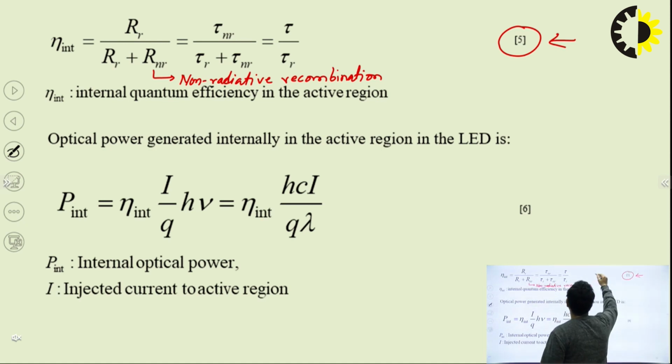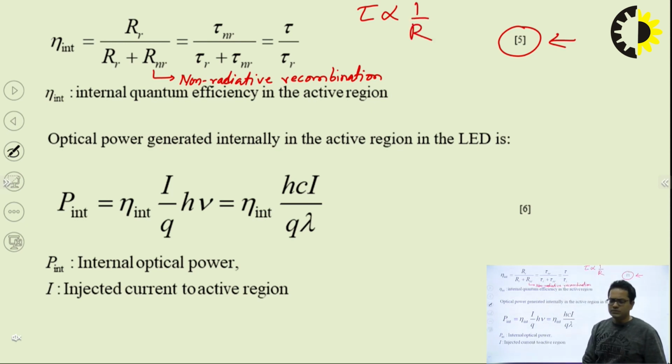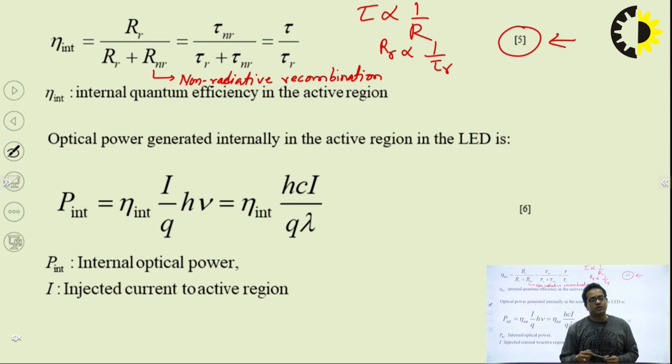And the lifetime is inversely related to the recombination rate, that means the radiative recombination rate is inversely proportional to the carrier lifetime which leads to radiative recombinations.